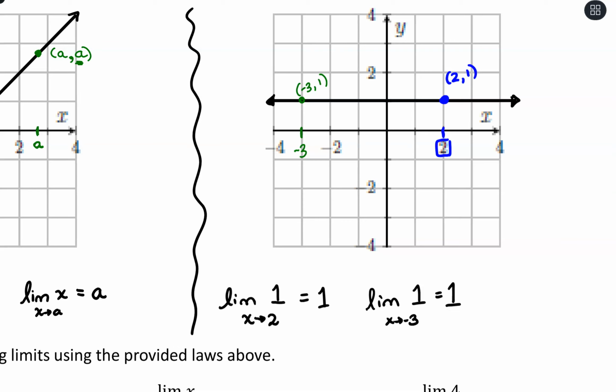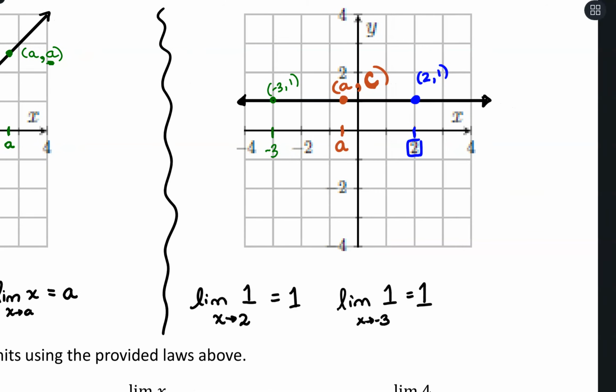This is true absolutely anywhere. Let's say I have some value a. Every single coordinate is going to be that value of a, and the y coordinate is just going to be that constant, in this case 1. But for general terms' sake, say we have a graph of a constant. The output is always going to be equal to that constant.